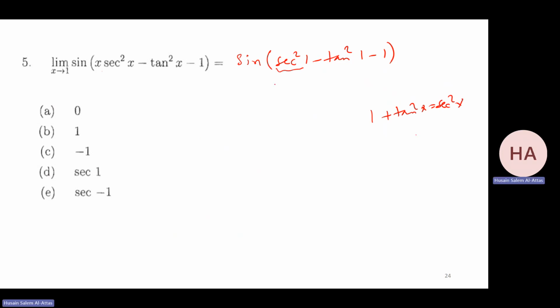So I can take it as sine of 1 plus tan square 1, I just put x equals 1, so that I'm getting this minus tan square 1 minus 1, which is cancelled, so I have sine of 0, which is 0. So this is the answer.